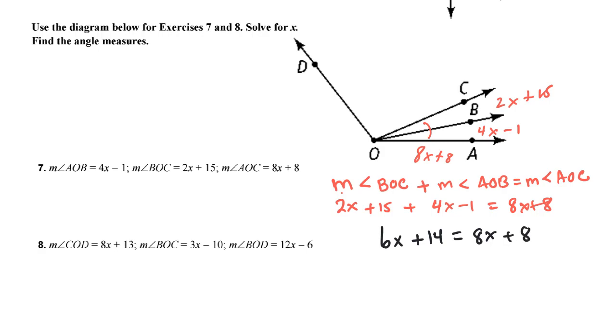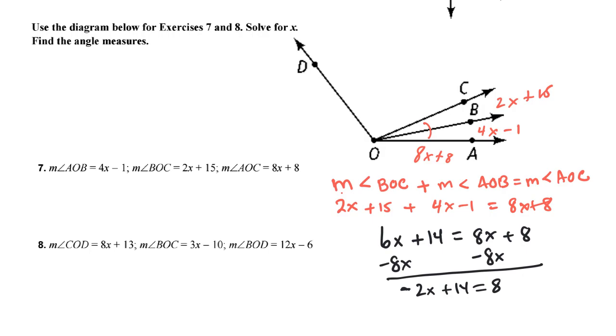Now, you can solve this equation either way. I'm going to do what I normally do. I'm going to subtract 8x from the right side, and since I want to balance the equation, I'm going to subtract 8x from the left side. So we have 6x minus 8x, which gives you negative 2x plus 14 equals 8.